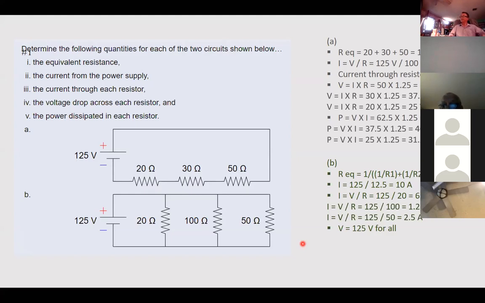Okay, any question? Are you done copying or not?